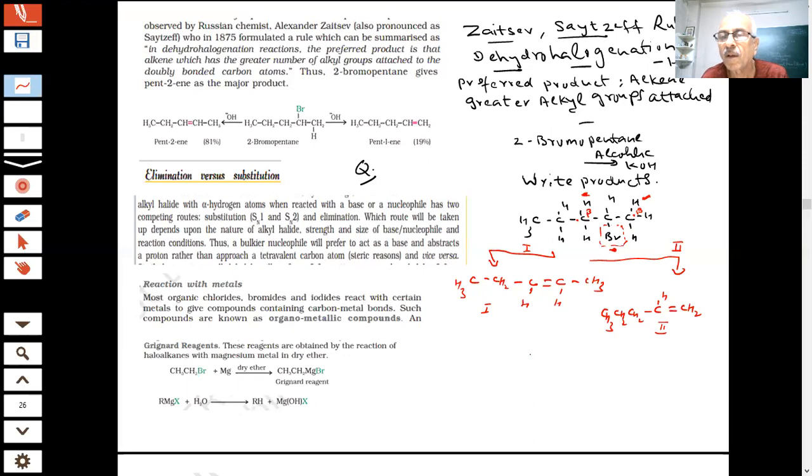Sir, it will be 1. This will be its major product, and 2 is the minor product. The reason we are telling you, this comes to around 81% experimentally, and 19% for the other. What is the reason, student?